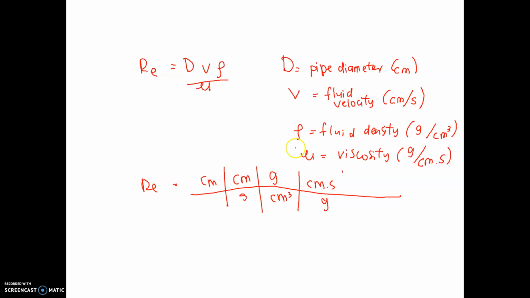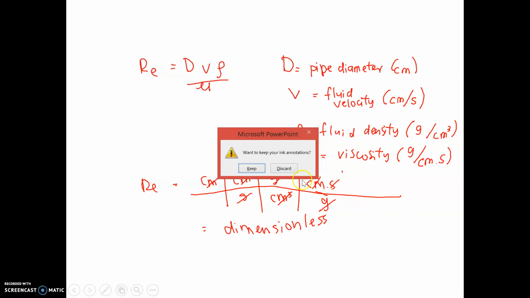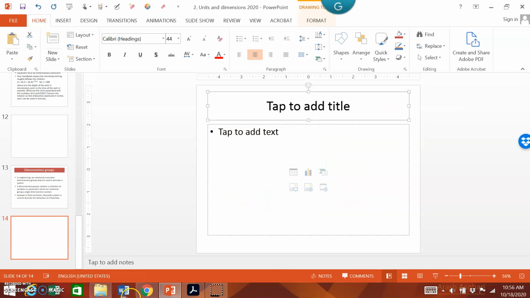Okay, so you can see here cm cancels with this cm cubed, g is cancelled out by g, and second is cancelled by second. At the end, it's dimensionless. So this is the example of it. Don't worry if you encounter something like this, because it's also very normal in the engineering field.